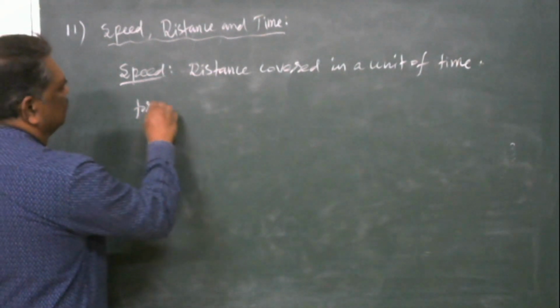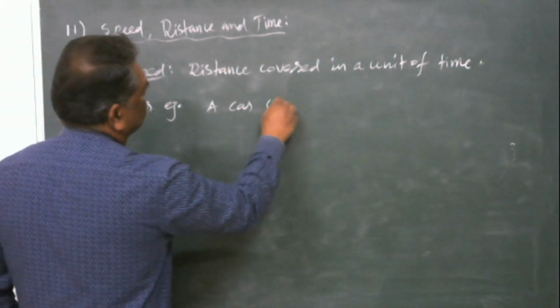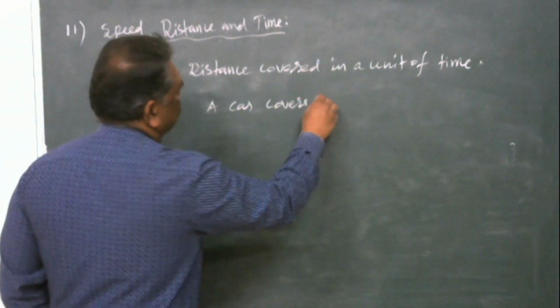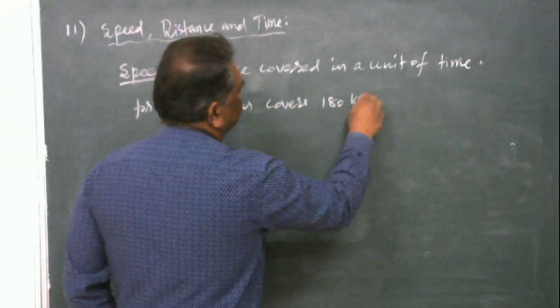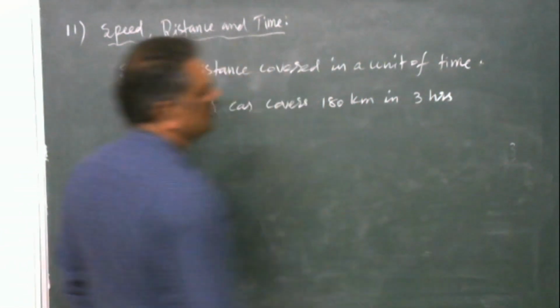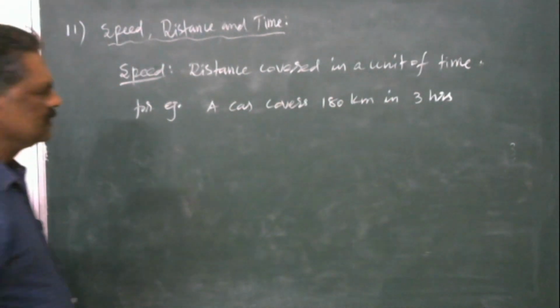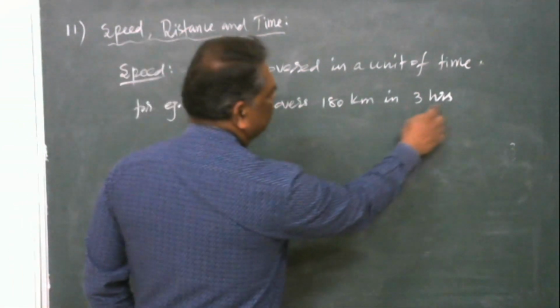For example, a car covers 180 km in 3 hours.